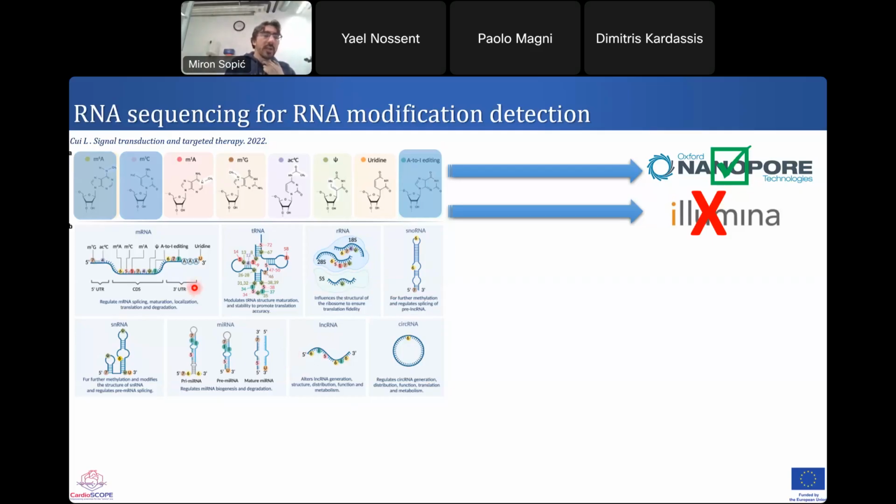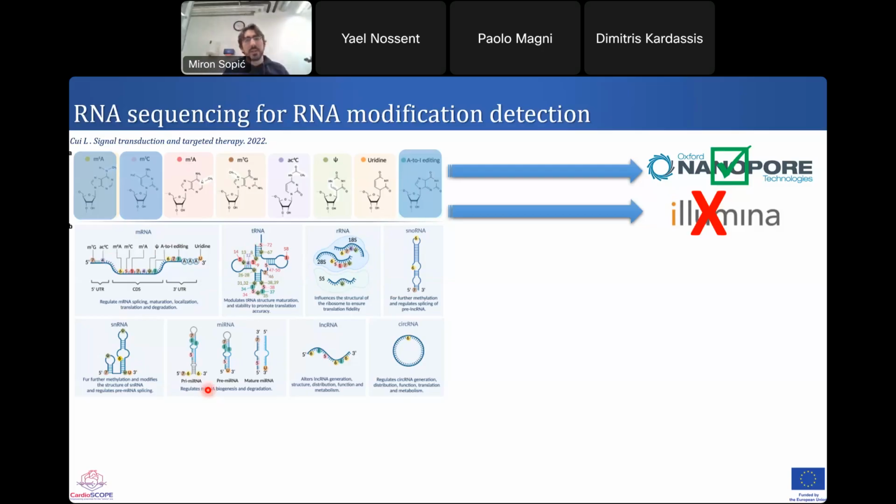Now, we know that RNA modifications are implicated in numerous functions, not only on rRNAs for a long time, but also on mRNAs, non-coding RNAs and microRNAs.